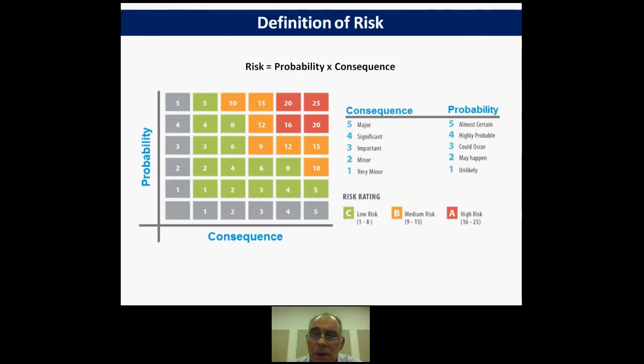So it is important to be able to distinguish between equal risks, which are not necessarily identical, in the sense that they're not produced by the same combination of probability and consequence. That is very important at a later stage when we have to look at risk control options.